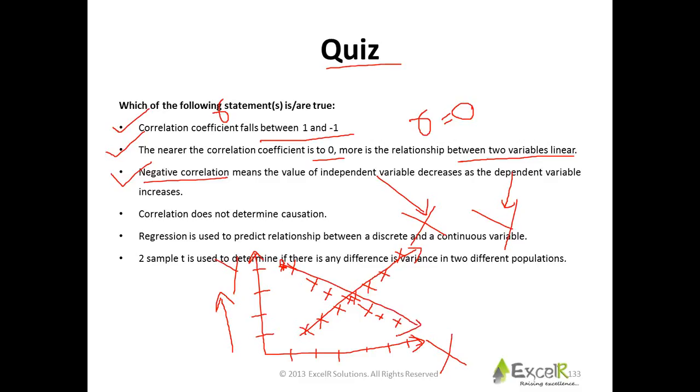Now they are telling x increases, y increases, and x decreases, so x decreases as y increases. Hence it is negative correlation.